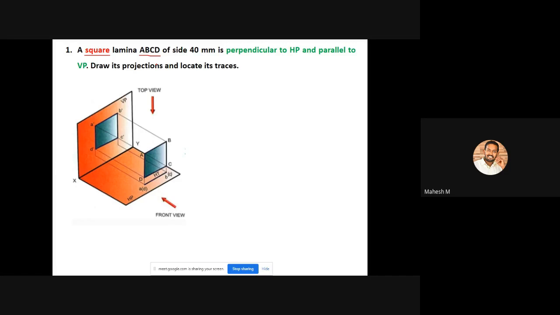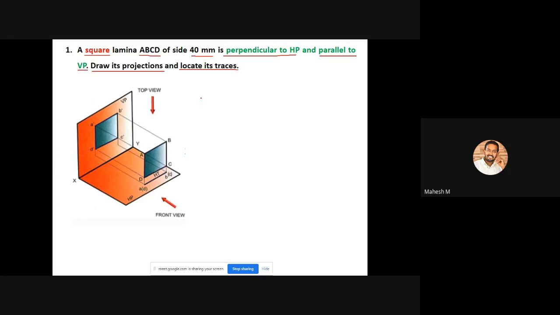Since it is a square, all sides are equal, 40 mm, and it is perpendicular to HP and parallel to VP. That is our problem. Also, we have to draw the projections and locate the traces.